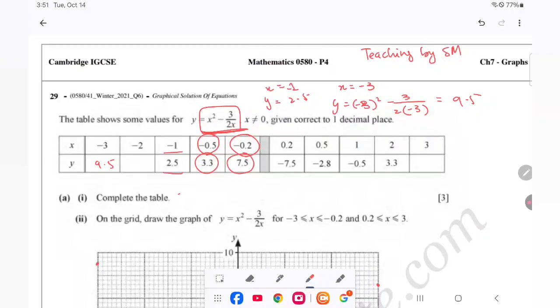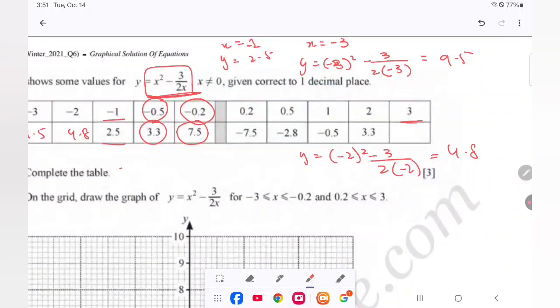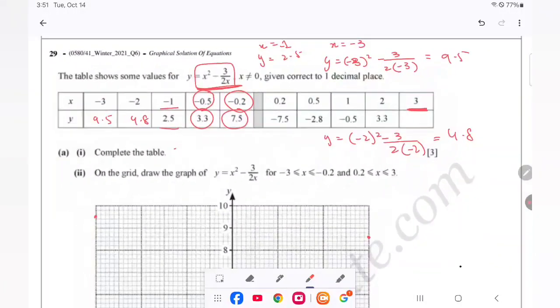Now put -2. y equals (-2) squared minus 3 over 2 times -2. It will give you a value of 4.8 something. Now for the last box, we have to put x equals 3. y equals 3 squared minus 3 over 2 times 3. Solve it further, it will give you the value of 8.5.